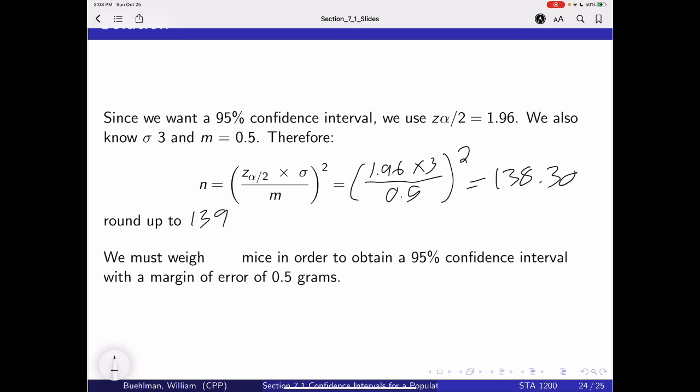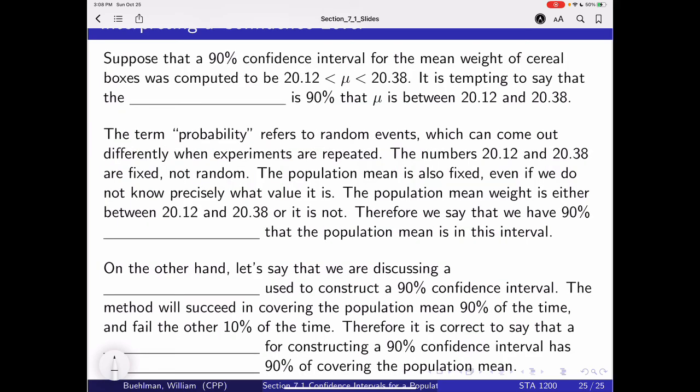So we must weigh 139 mice in order to obtain a 95% confidence interval with a margin of error of 0.5 grams.